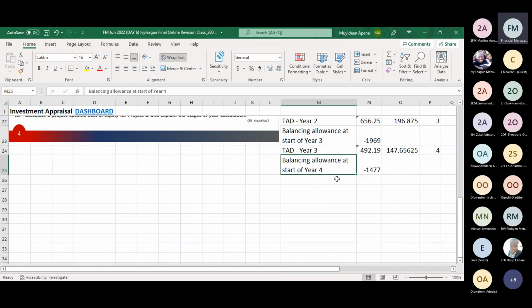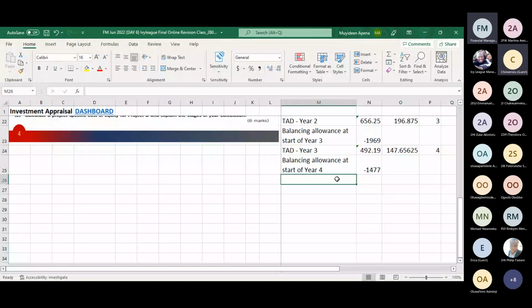So what do we do with that? It has to be claimed, isn't it? Everything has to be claimed at the end of the project life, which is year 4. So we are claiming this.